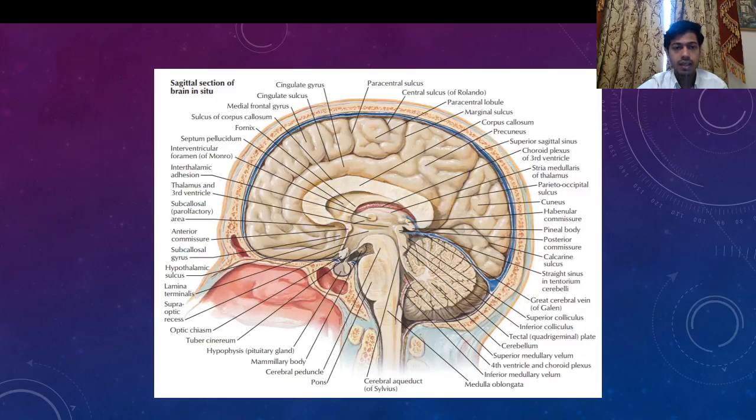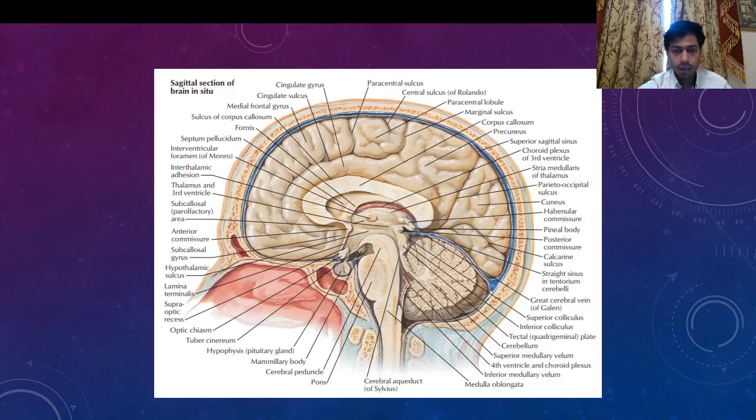Once again, this is another view of the brain from a sagittal section, and this image, I think, quite nicely demonstrates what these sulci actually distinguish.